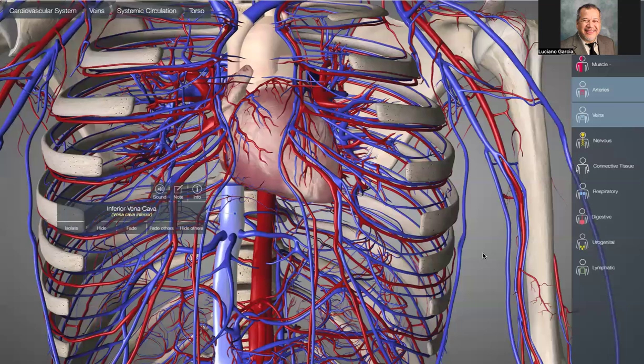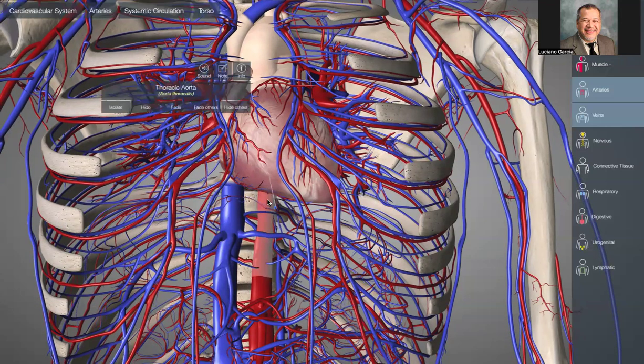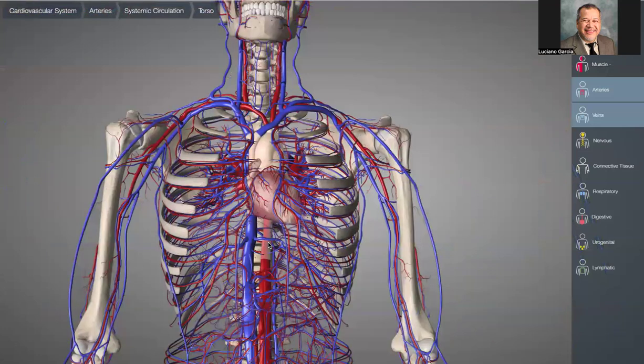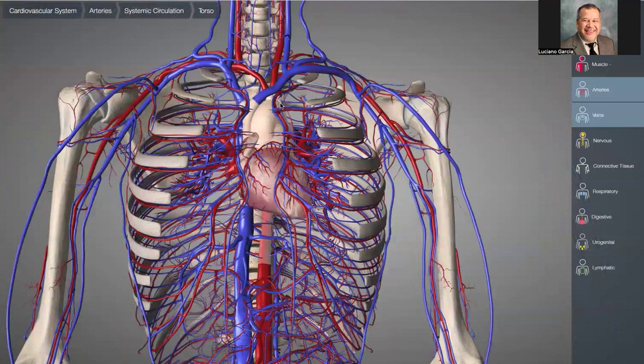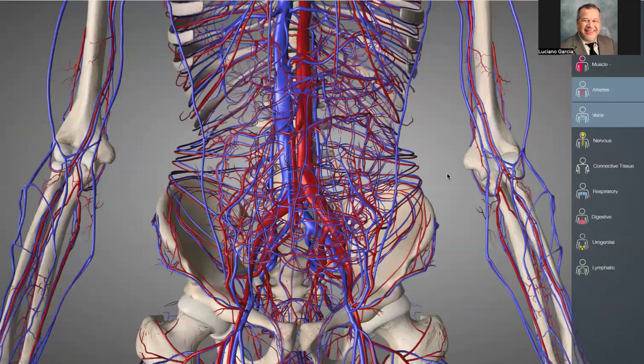Remember that aorta, the artery that came off right here? It's going to switch directions and come down into the thoracic and abdominal aorta. Still the aorta, just different names based on where it's located.